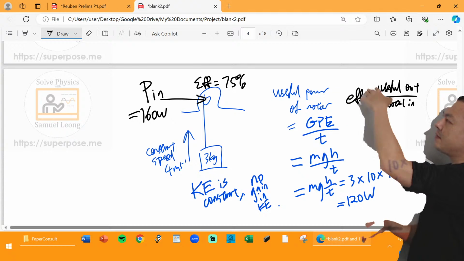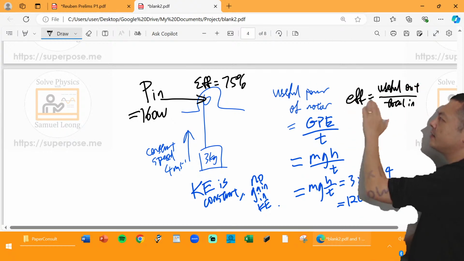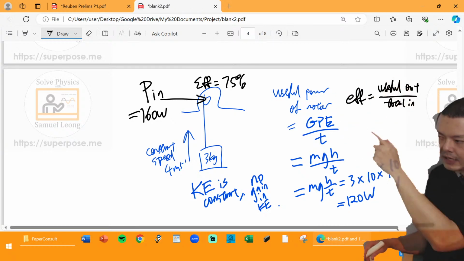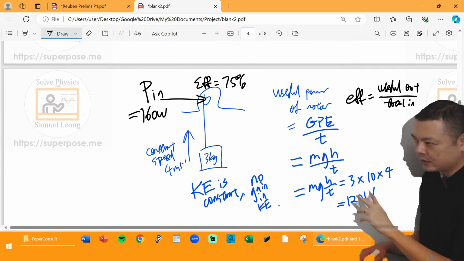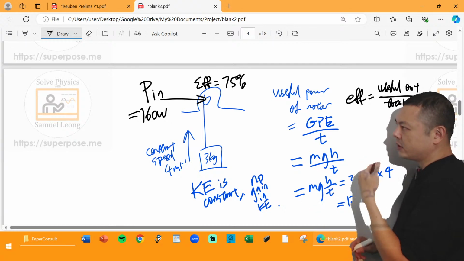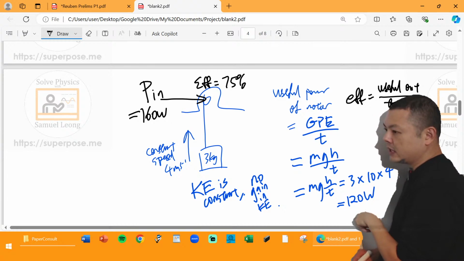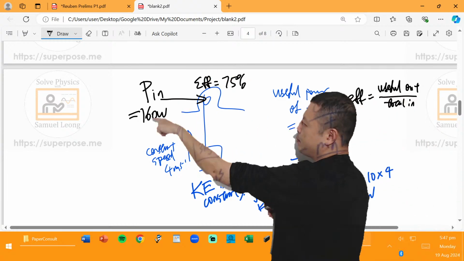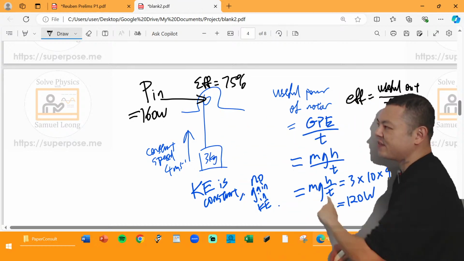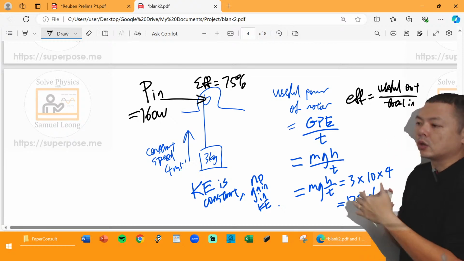So if the useful output is 120 and the efficiency is 0.75, then the total input will be the useful output divided by 0.75. That's how we get the total input. I'm saying this because the other day one of the students thought that this 120 watts is the useful output, and to calculate the input power with 75% efficiency, they thought they had to multiply by 1.75, by 175%.